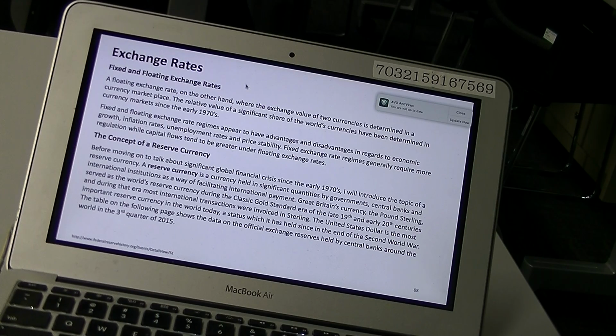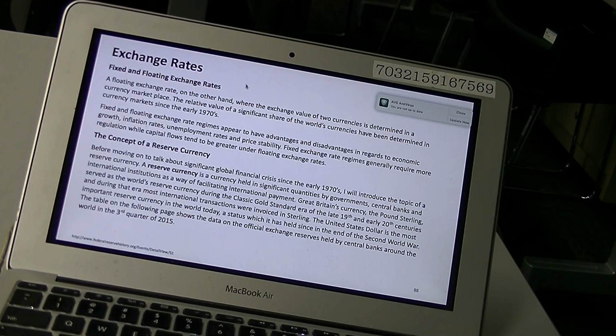One of the things about fixed exchange regimes, as I say, is that they require more regulation. That's the important thing to remember. However you regulate it, a fixed exchange rate requires more regulation. A floating exchange rate implies that there's less regulation.